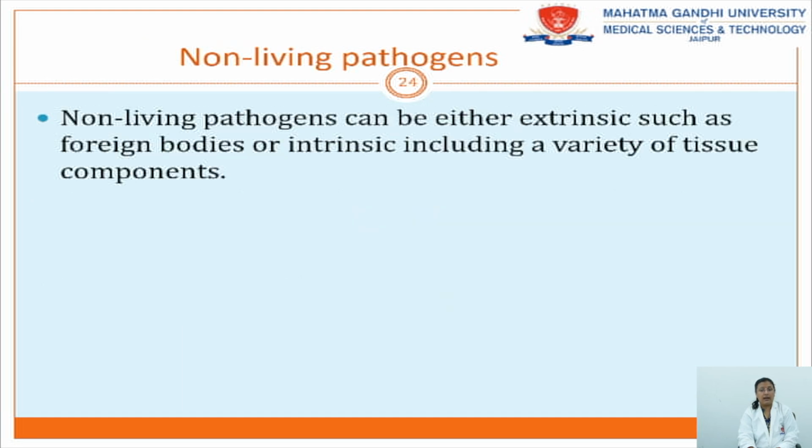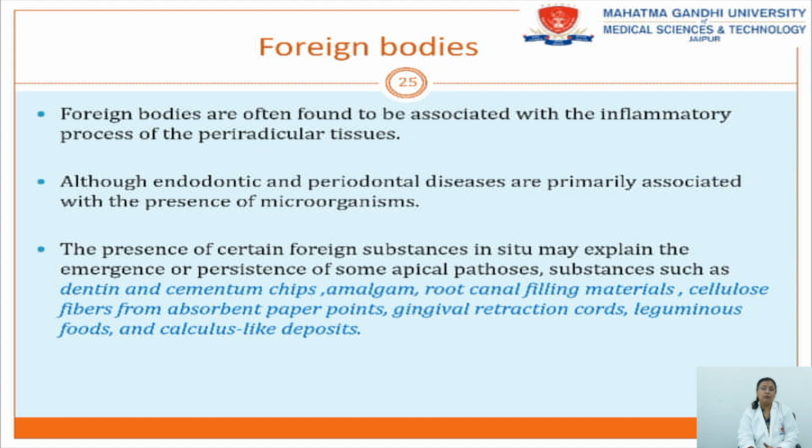Non-living pathogens can either be extrinsic, such as foreign bodies, or intrinsic, including a variety of tissue components. Some foreign bodies also seen in endoperio lesions are dentine or cementum chips, previous restorative materials like amalgam, root canal filling materials, cellulose fibers from paper points that we use during root canal therapies, gingival retraction cords, leguminous foods, or calculus-like deposits if the patient doesn't maintain cleanliness properly.